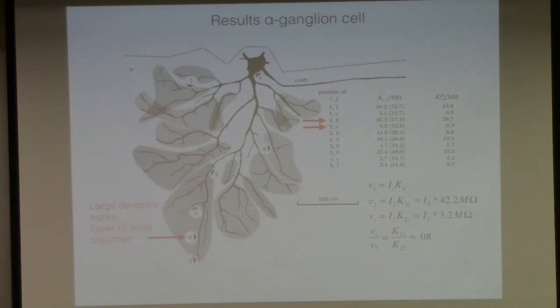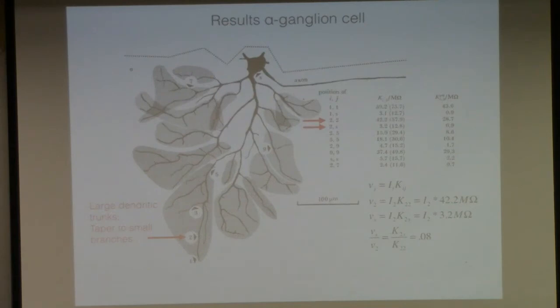So by tracing out the dendrites, they were able to, offline, so to speak, decompose the dendritic tree into small subcompartments of known size and figure out the electrical parameters for those compartments and build compartmental models and study the electrical properties of the dendritic tree.